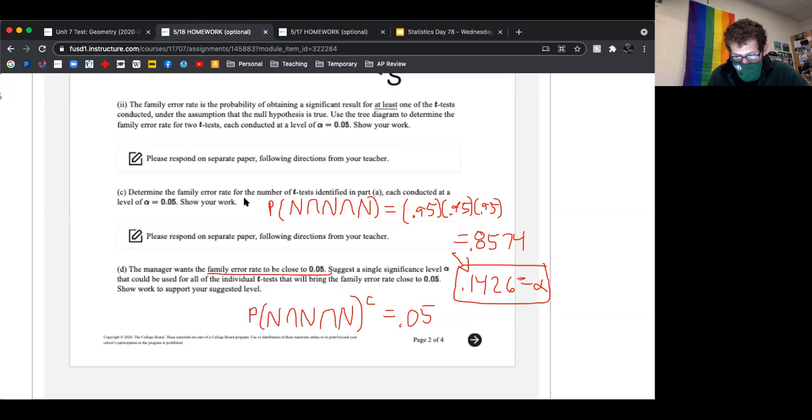So again, we want the probability of not getting 3 straight non-significant results to be 0.05. Again, are you with me on that? Right. So in this case, we want 1 minus the probability of 3 straight non-statistically significant results to be 0.05.